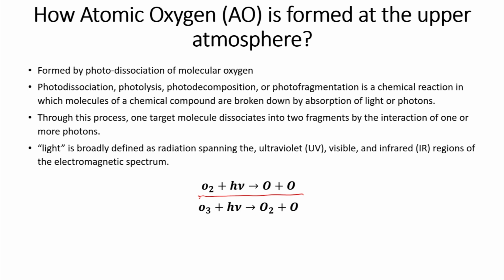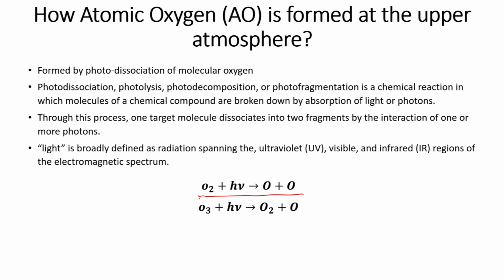Now, once this is dissociated, since atomic oxygens are very active, recombination can generally happen very soon. But at those orbital altitudes the density is very low, so the mean free path is very large. In that case, the recombination process is very slow, and this atomic oxygen can be sustained at that height.